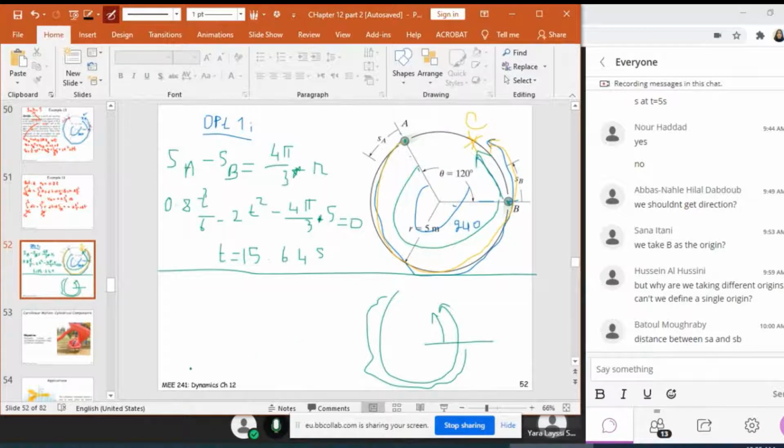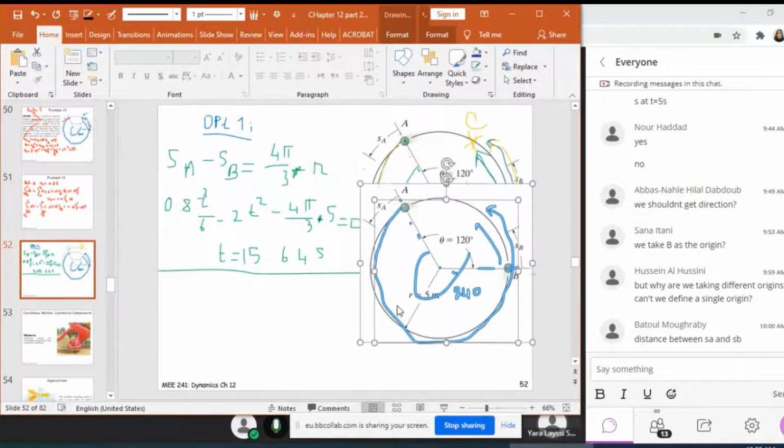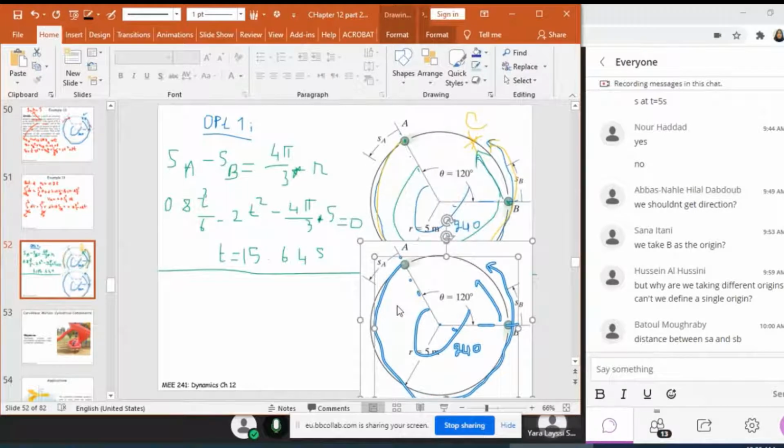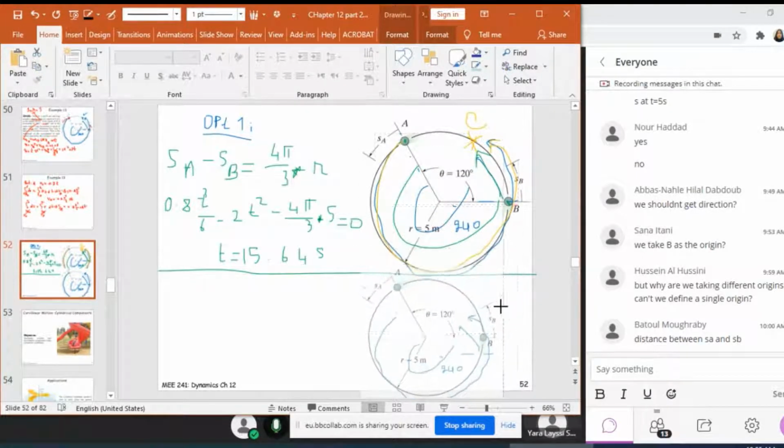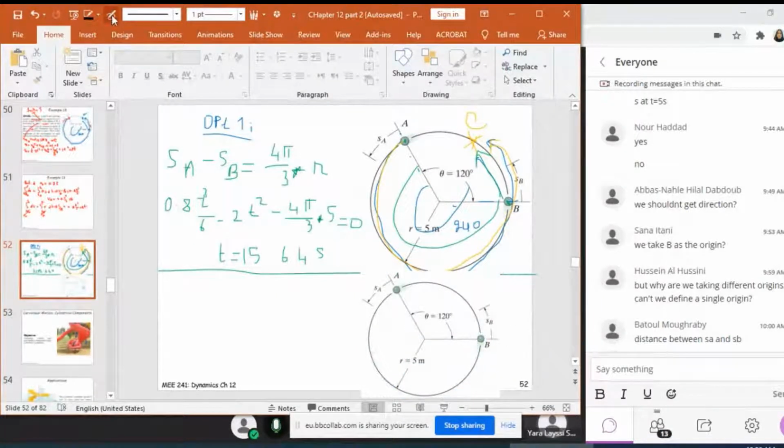Now what about the second option? I'm going to assume that the collision occurs here.